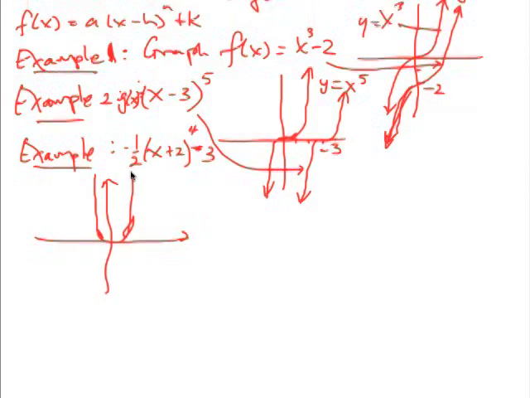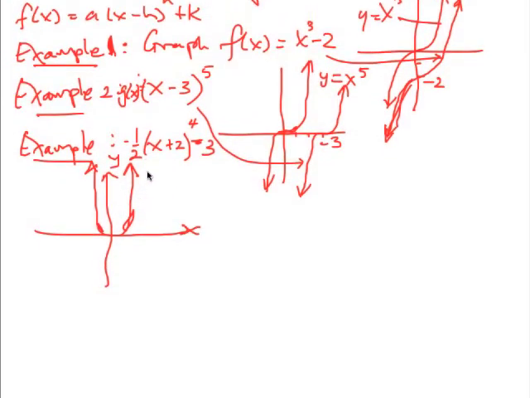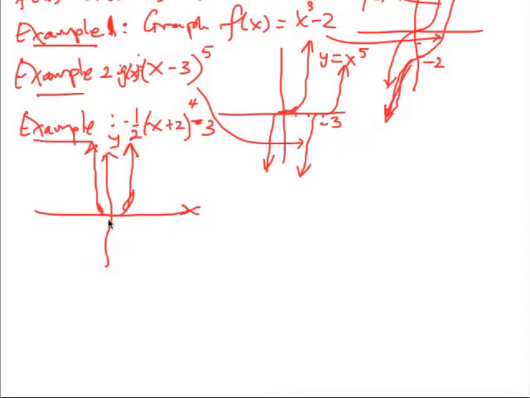And up we come, like so. Alright, so now what happens if we now do a negative a half? Well, of course it flattens out, but it goes out wider. Like so. When we add 2, that means we'll go this way 2, so it's going to be moved 2 units this way. And then finally it's going to be negative 3, so we've got to go down 3. And so we end up with this kind of thing.